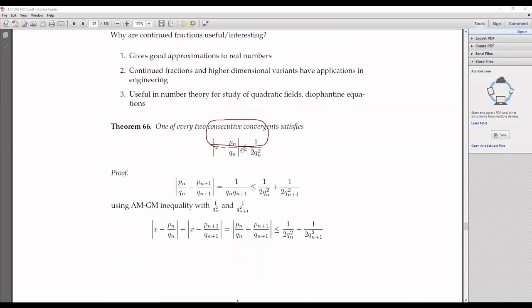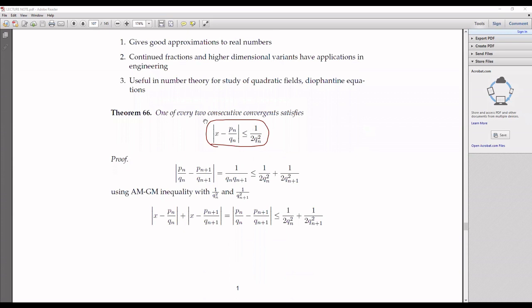Because of this theorem, one of every two consecutive convergents satisfies this equation. If p_n by q_n is a convergent, then their difference has to be less than 1 over 2 q_n squared. q_n is the denominator here. Compare this inequality with what we had there.